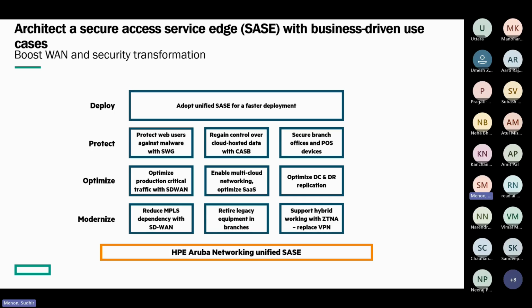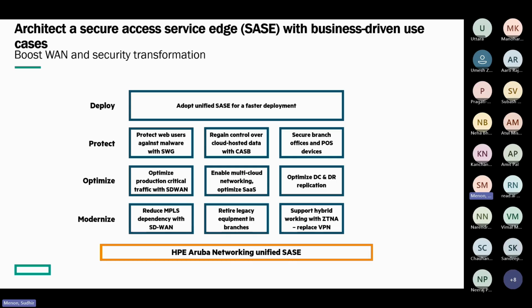Talking about use cases, I think use cases are co-created. I have put some of the prominent use cases here: modernize, optimize, and protect. Modernize, of course, means modernizing your branch connectivity by improving the branch uptime, by evaluating and adopting other media like 4G, 5G, or broadband to improve the overall performance and the uptime.